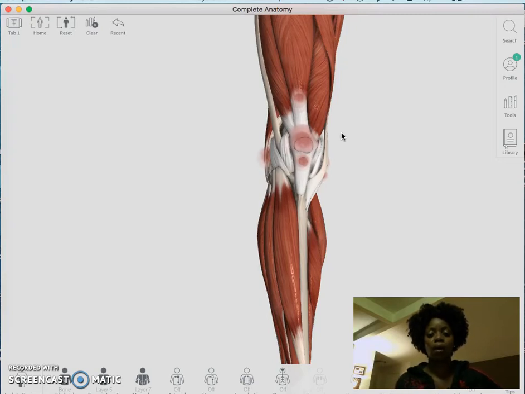Culprits of that are people that are in specific positions every day, so carpenters, plumbers, even some sort of construction workers, as in that kneeling position, putting their body weight on their knee, are really prone to this. And even athletes such as runners can also get this condition, where those bursas, as you can see, are just really inflamed and aggravated.